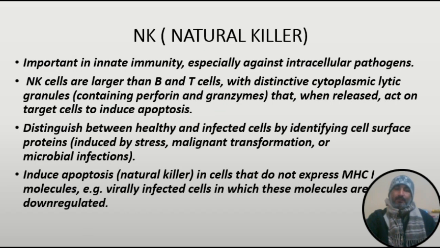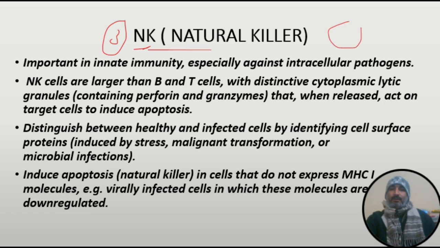Now the last part of our story begins. After the B cell, the third part is natural killer cells. So how will the natural killer cell work? Natural killer cells have a specific molecule called granzyme.